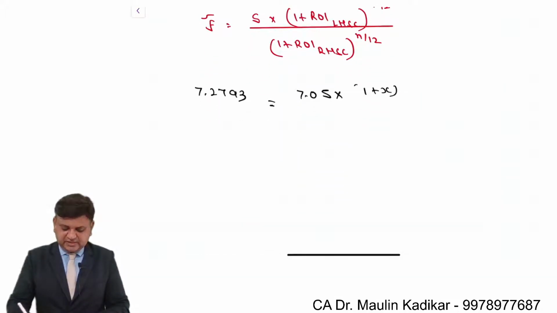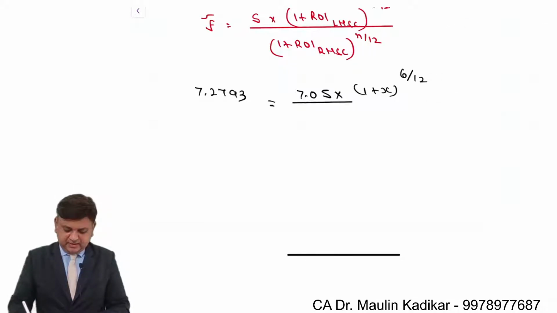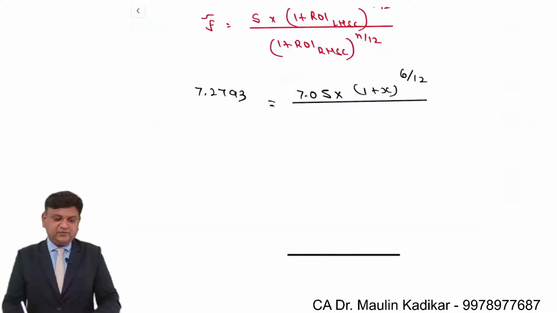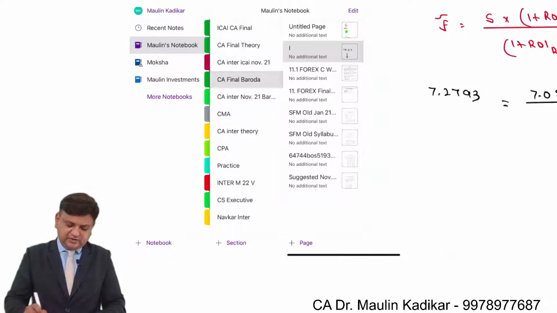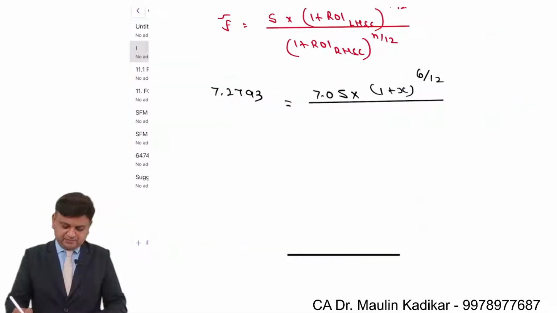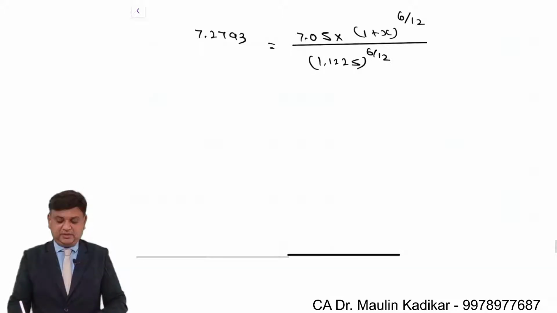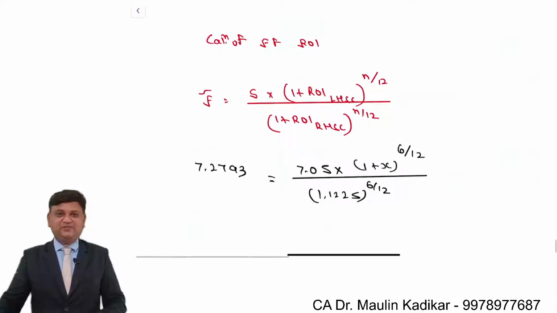So 1 plus x raised to 6 divided by 12, whole divided by the rate of interest for dollar currency, which is 12.25%. You can see it is 12 1 by 4, so it is 12.25%, so 1.1225 again raised to 6 by 12. Now x will be found as balancing figure.